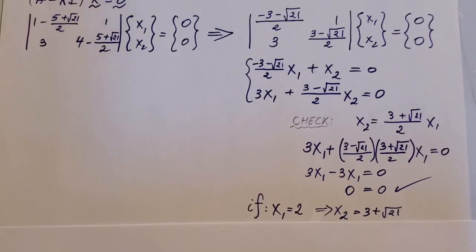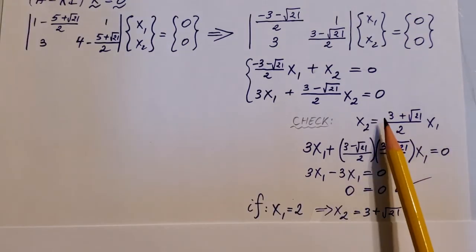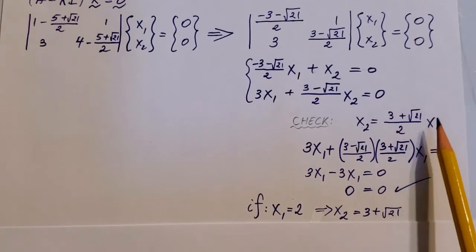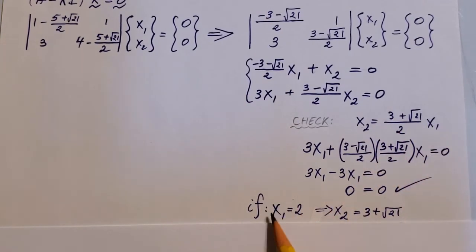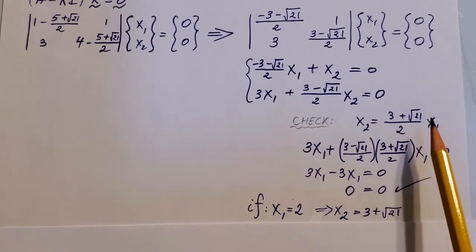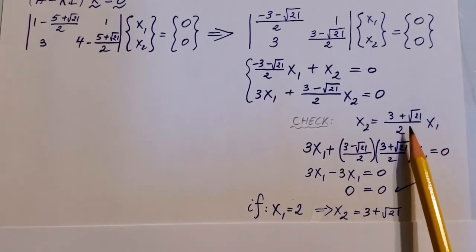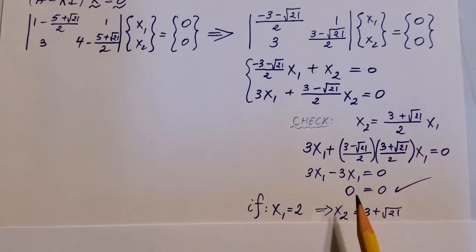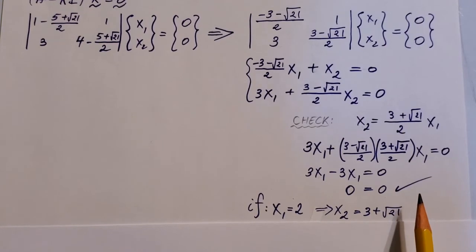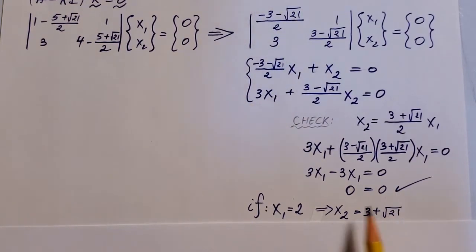Now to solve for x1 and x2, we will simply pick a value for x1. I'm going to pick x1 equal 2 because when I plug it in here, this 2 will cancel out. Therefore, my x2 will look a little bit prettier: 3 plus square root 21. Now, remember that here we can pick any kind of number, right?